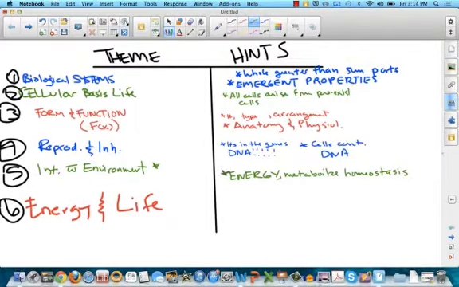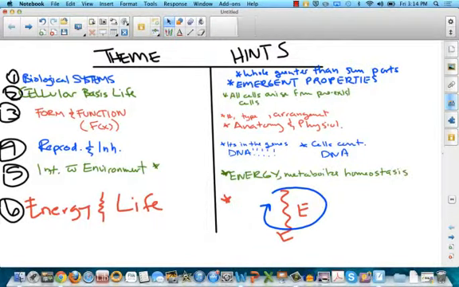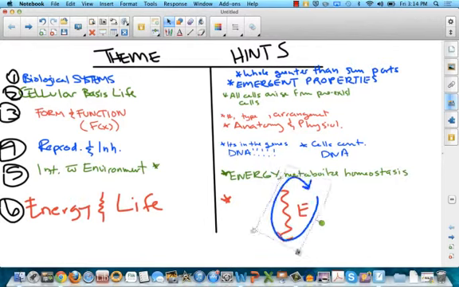But what I will tell you is that in energy and life, if you can remember that energy, represented in red, is a one-way flow, and I use big E to use energy. Energy is a one-way flow, but nutrients cycle.